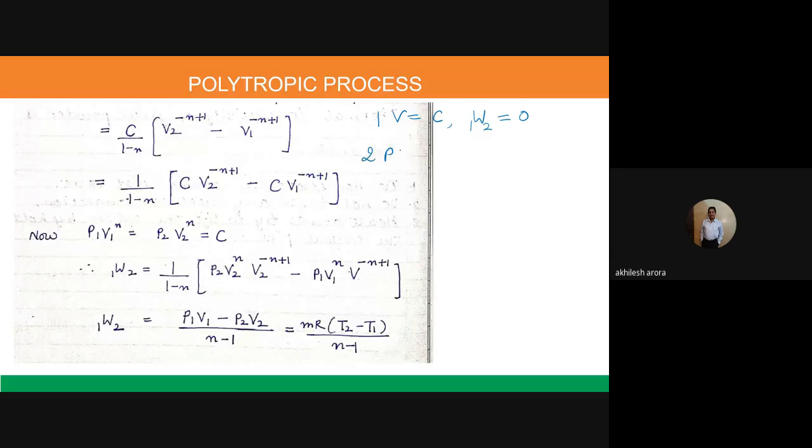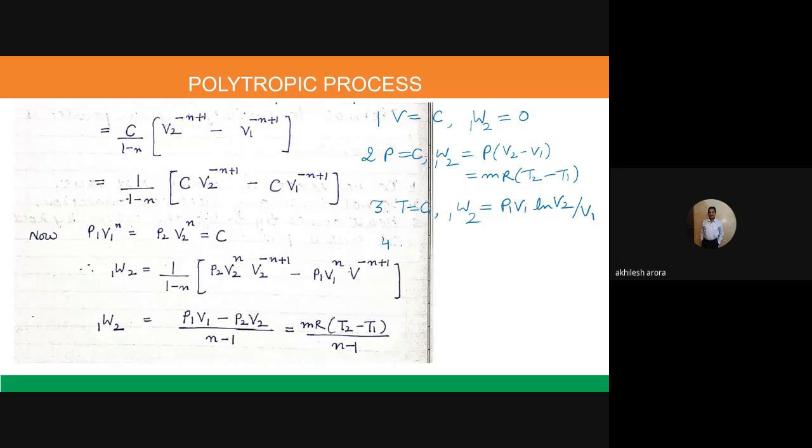The second one was pressure is equal to constant, and the value of work transfer in that particular case was P into V2 minus V1, which is equal to mR into T2 minus T1. Third one is temperature is equal to constant. I told you there are 3 equations, and I am writing only one equation here. P1 V1 log natural V2 by V1.